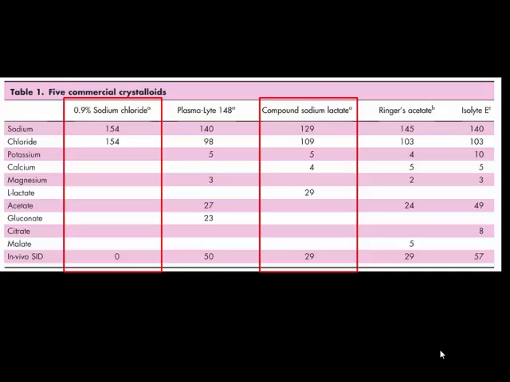On the other hand, LR has a sodium of 129 and a chloride of 109, which is close to the physiologic content in plasma. It also has potassium 5, calcium 4 milliequivalents, and lactate. That gives us a strong ion difference of 29, which is close to plasma.